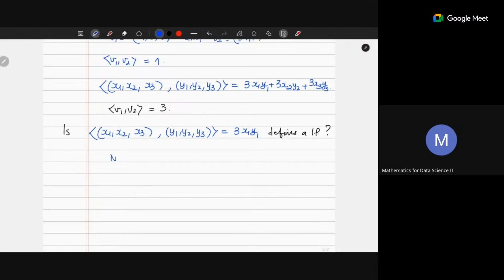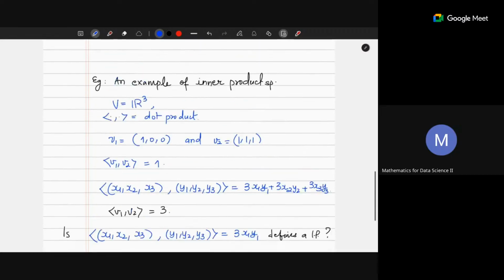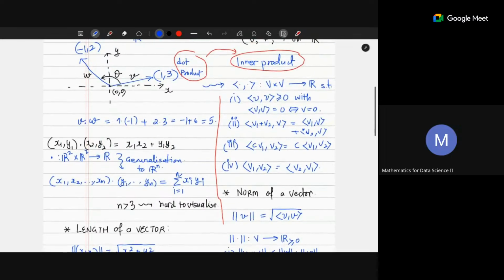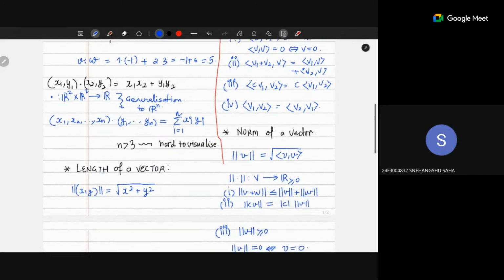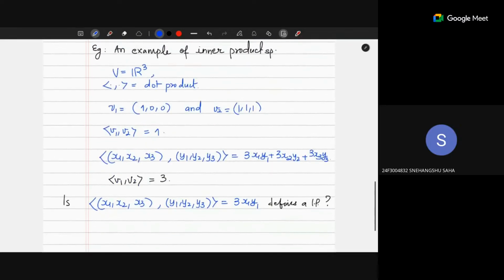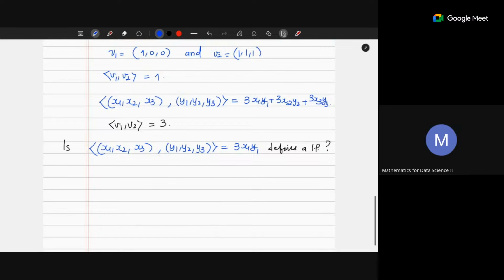Right, so it is not an inner product. Did you check all the properties? Check them one by one. What are the conditions that it needs to satisfy? Does it satisfy the first condition? The inner product of v with v equal to 0 does not imply v is 0. So is it an inner product then? No. Good.